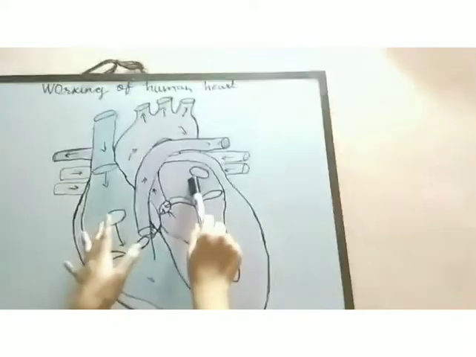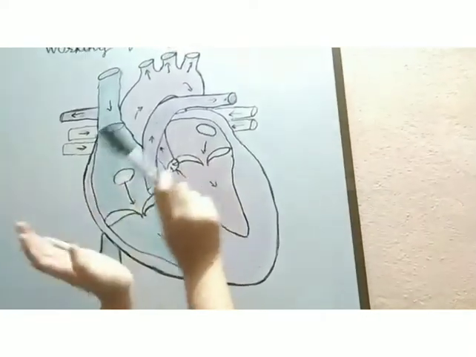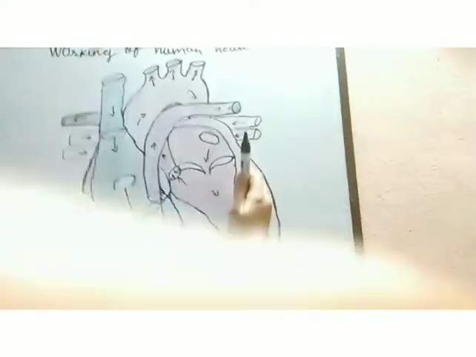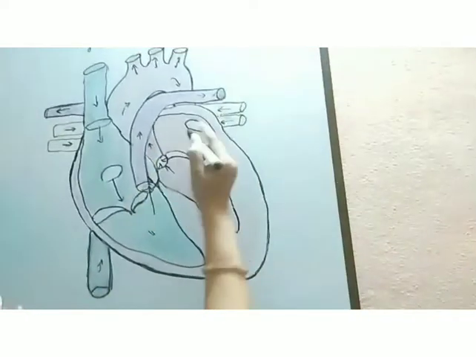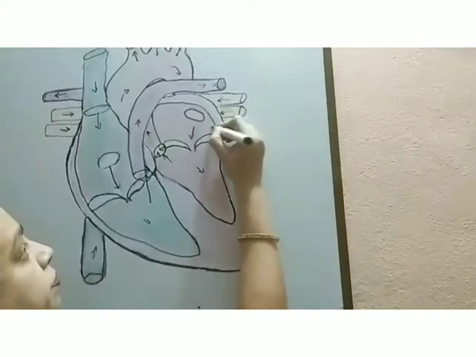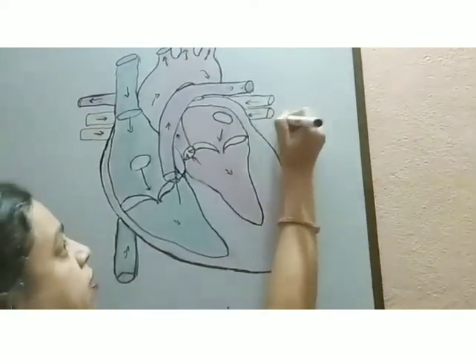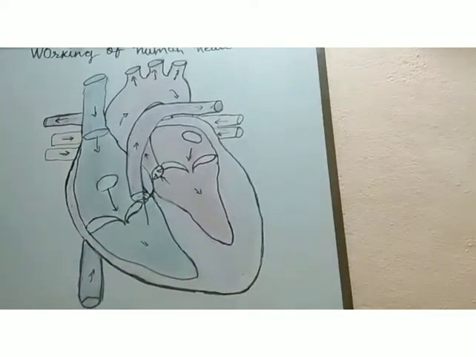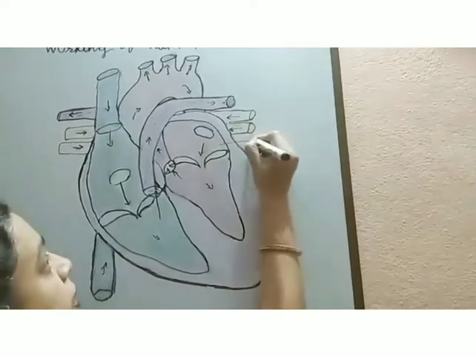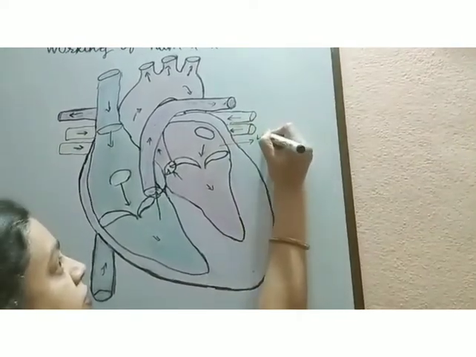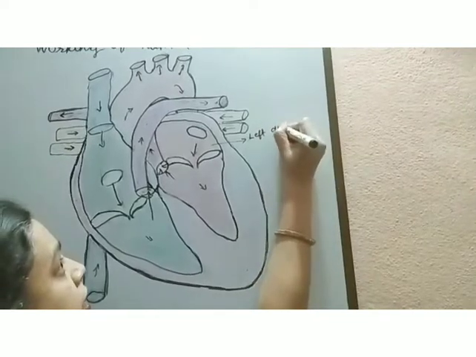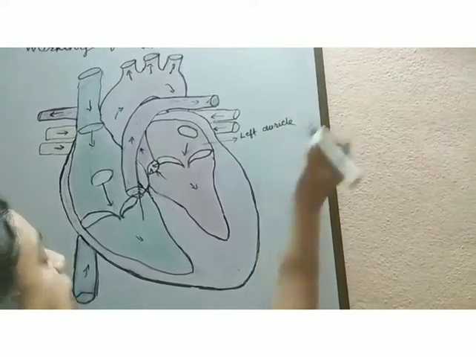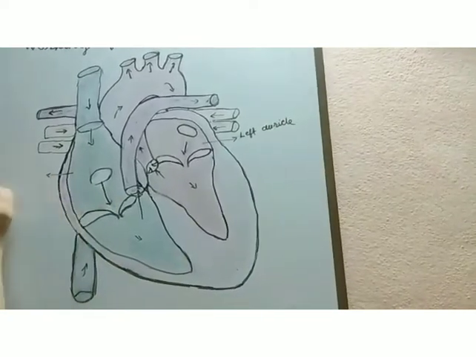The upper two chambers of the heart are called the auricles, or they are also called the atria. There are two parts, right and left. So the left side upper part is the left auricle and this is the right auricle.